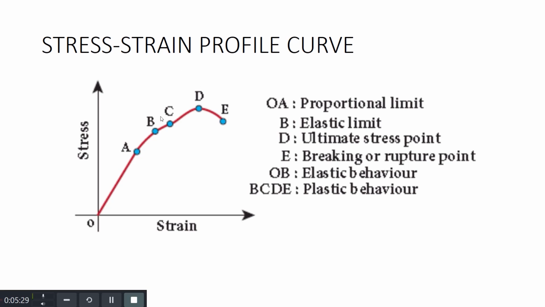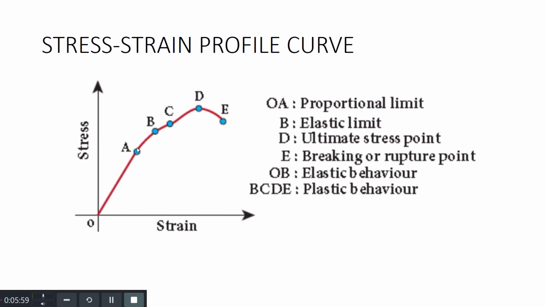But till point B the body can regain its original shape. So from point O to point B, we can say this is the elastic limit, while up to point A there is the proportional limit, meaning Hooke's law is valid.